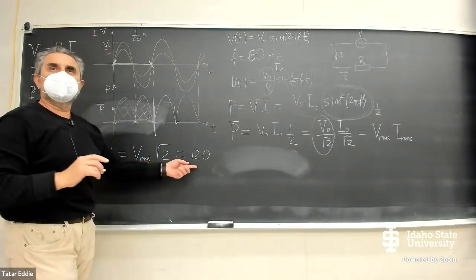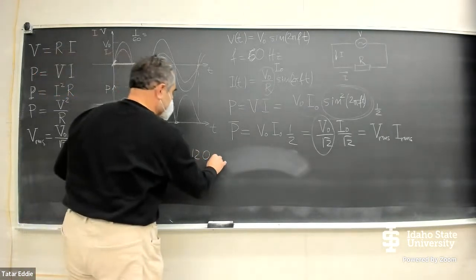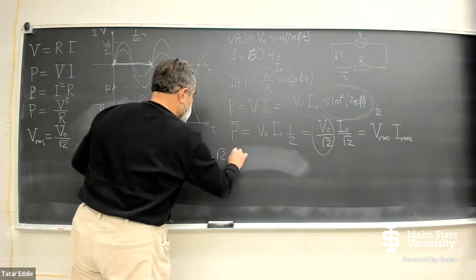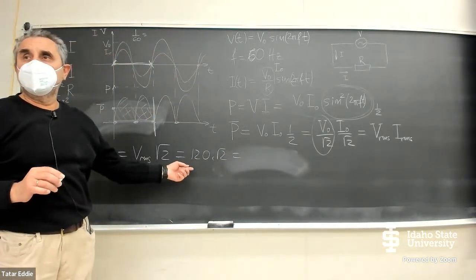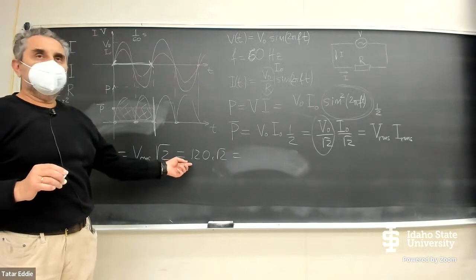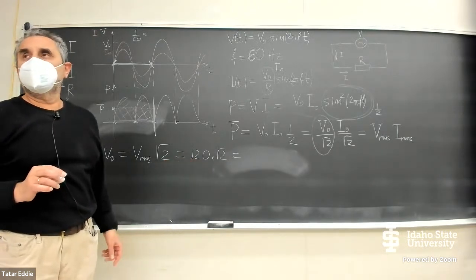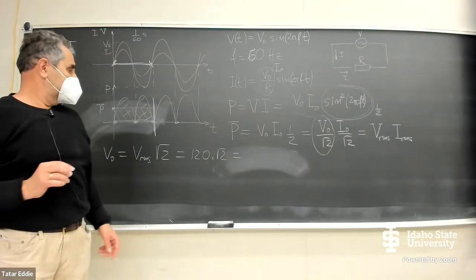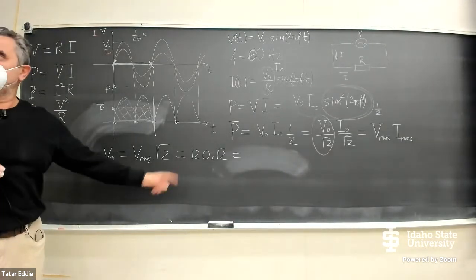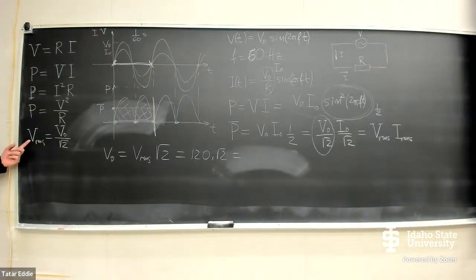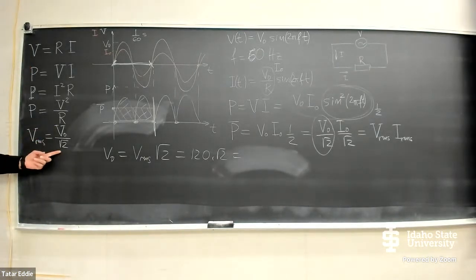Square root of 2, your calculator knows what it is. What is this number? 120 times square root of 2. It should be divided by, I think. Yeah, no, that's fine. Right? Look, RMS is amplitude divided by square root of 2.